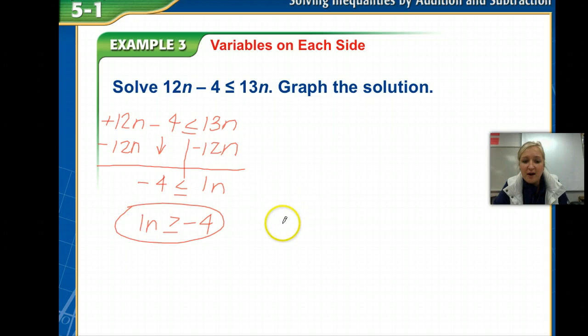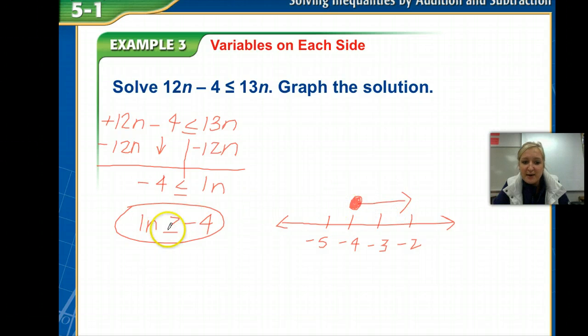So we've solved for n, and our last step is to graph the solution. So I have negative 5, negative 4, negative 3, plotting a few points. It's going to be a closed circle at negative 4, and my arrow is going to match in the same direction as my inequality.